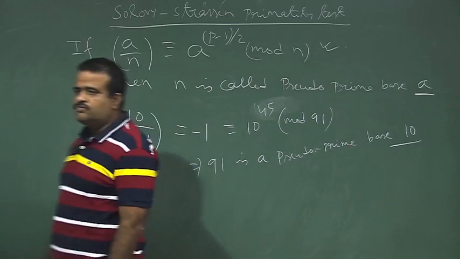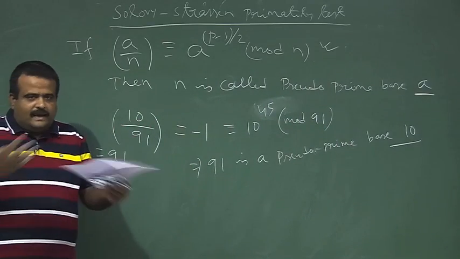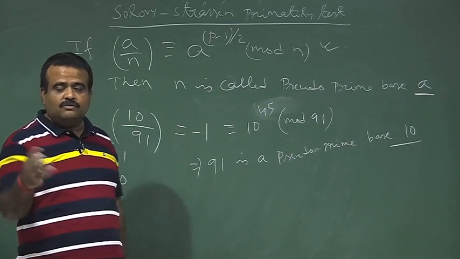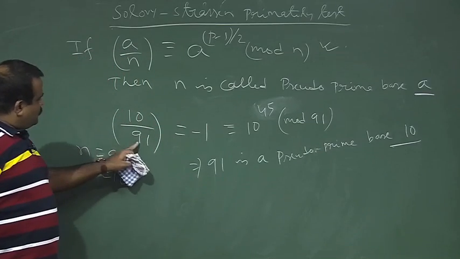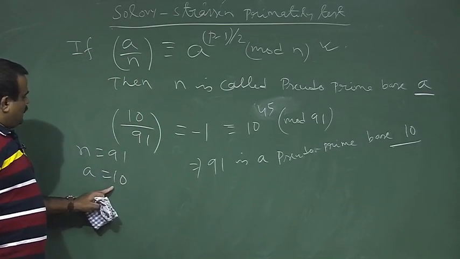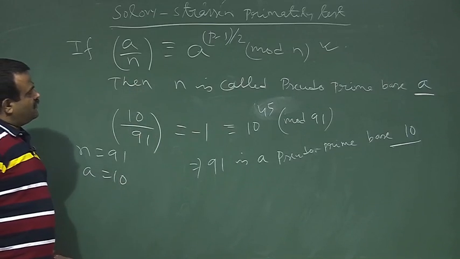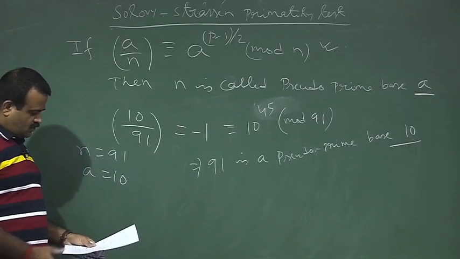Okay. If it is true for all such a, then it will be a real prime. But if n is composite, although there exists some a for which this Euler criterion is satisfied, then it is called a pseudo prime.